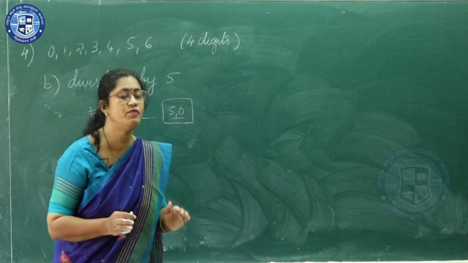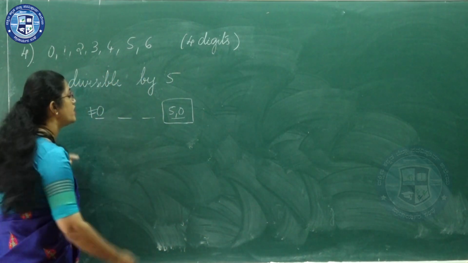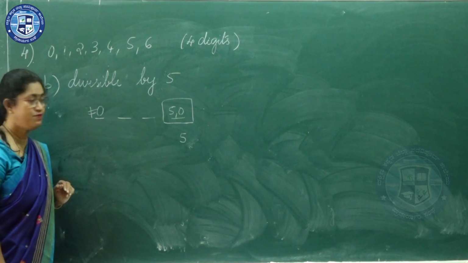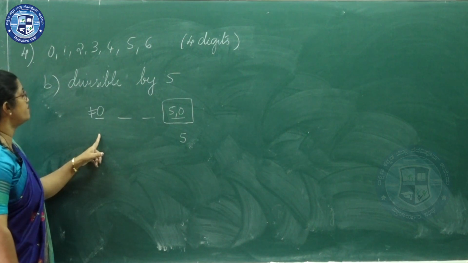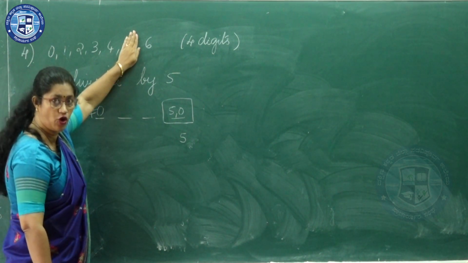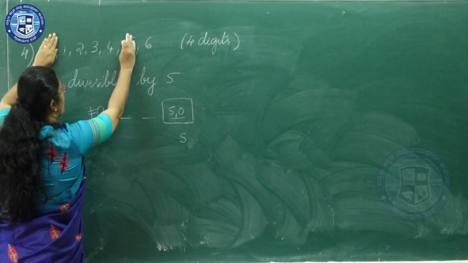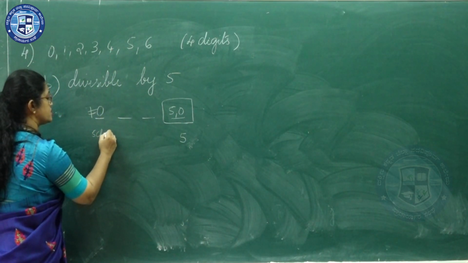That means probably we will have to go for two cases, because if I put 5 here, then what are the numbers I can put here? I cannot put 5 because it's already gone. Because it is the first place, I cannot put 0, and that means I will have 5 choices.